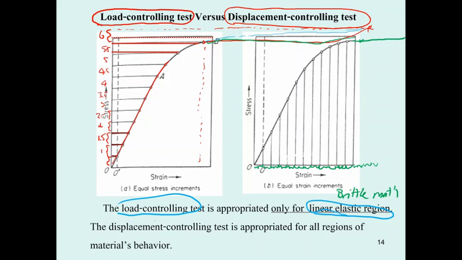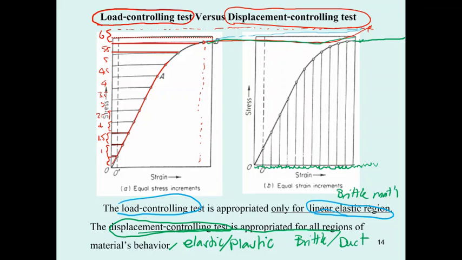So the displacement controlling test is the better one, and is appropriate for all regions of material behavior, no matter if it is elastic or plastic, brittle or ductile material. The displacement controlling test is always good.